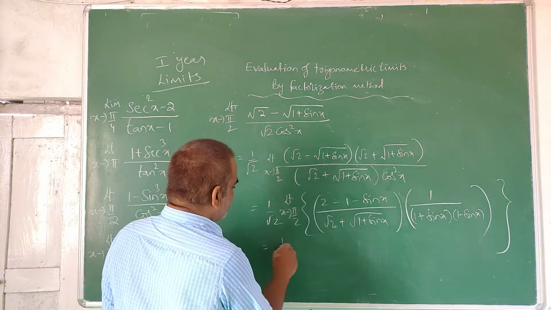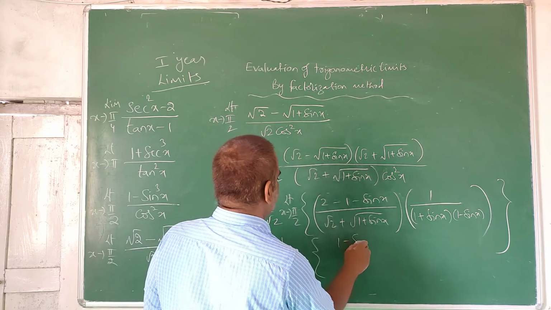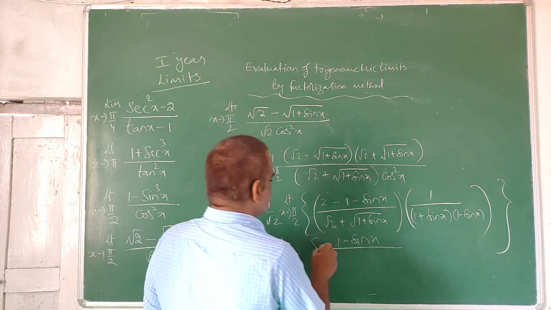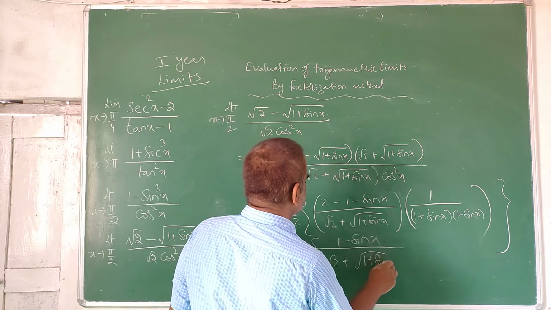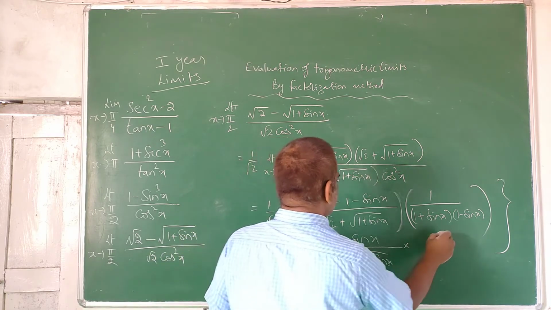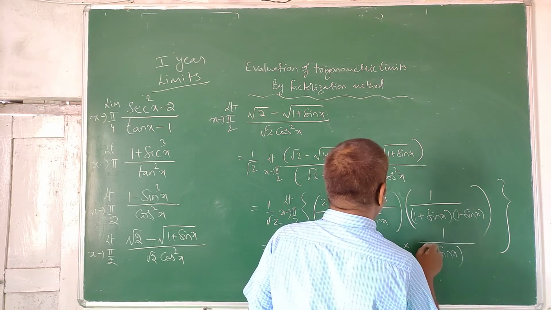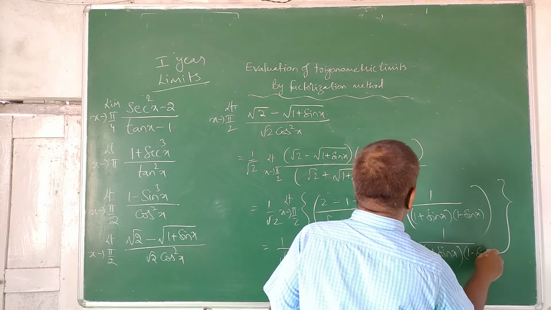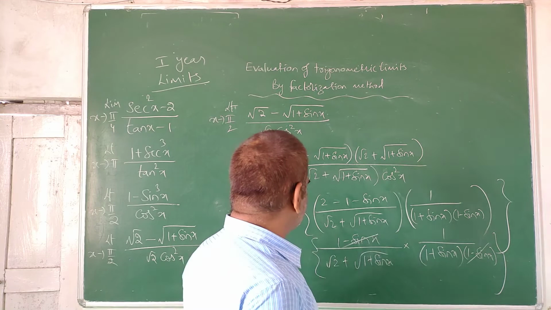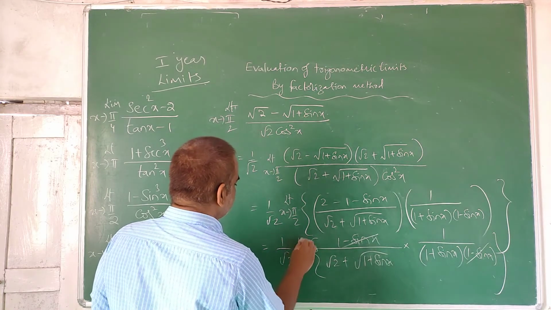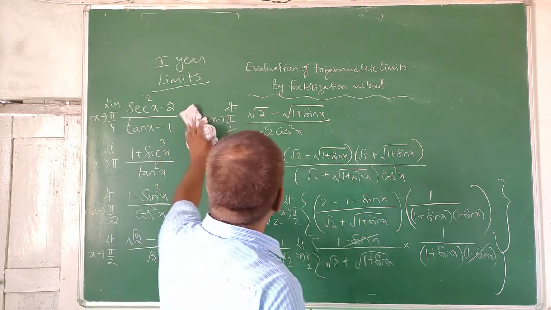So this is equal to 1 by root 2 into, now this 2 minus 1 will become 1 minus sine x by root 2 plus root 1 plus sine x, into 1 by 1 plus sine x into 1 minus sine x. Now this 1 minus sine x and this 1 minus sine x get cancelled. After cancelling you have to take the value of x.